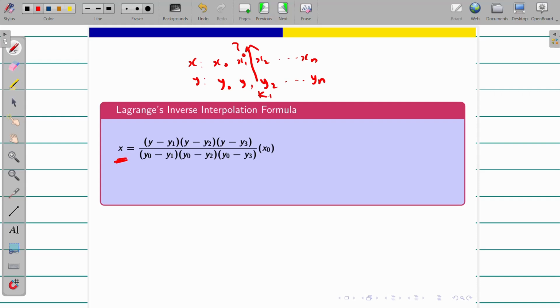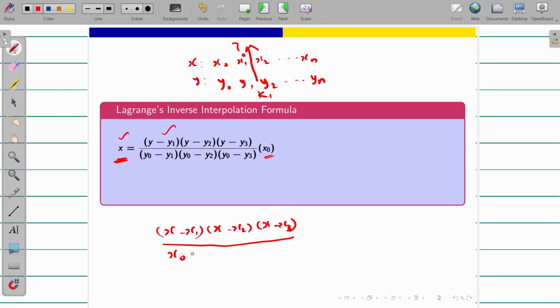So what I have to do here? It's a similar one. What we have done earlier, in the place of x, y is here. In the place of y, x is here. That's it. Look at that in this place also. Previous formula is x minus x1, x minus x2, x minus x3 divided by, which is missing, x naught is missing.